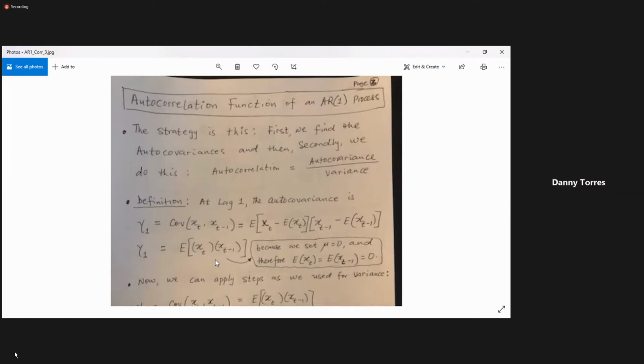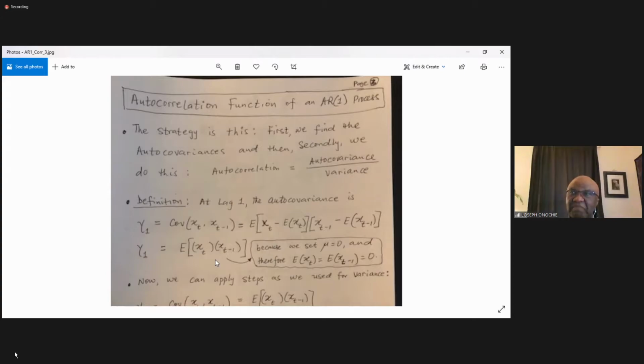Well, Professor, that's for simplicity. That's not always the case. It's just that the mean has to be constant, right? Yes, that's just for simplicity. But there's no way in this class that I will have you prove this when this is not 0.